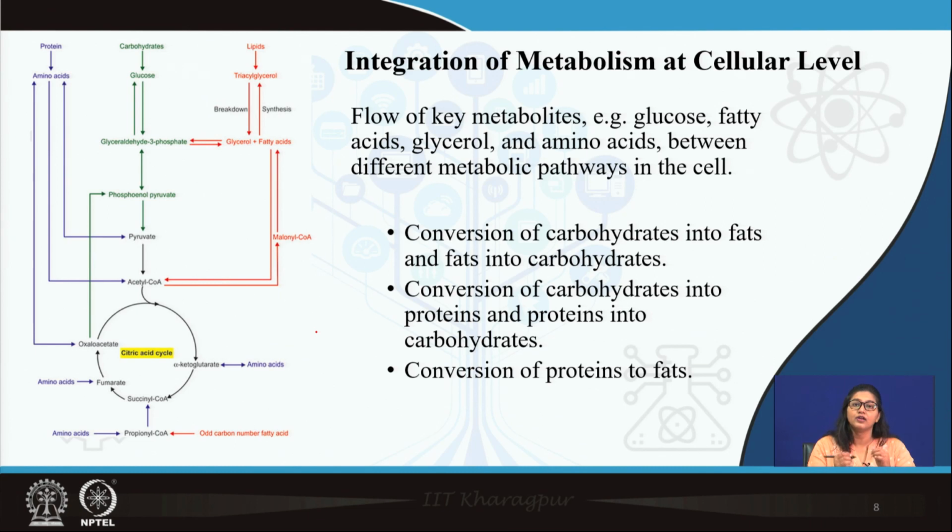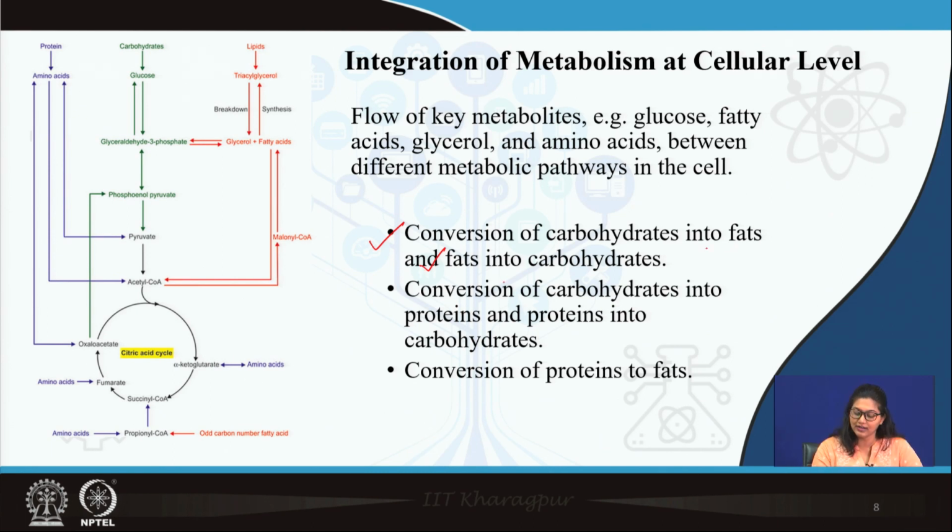So, that is the flow of metabolites from one pathway to another pathway. There can be conversion of carbohydrates into fat, or vice versa, fat can be converted to carbohydrate. Similarly, carbohydrate can be converted to protein and protein can be converted to carbohydrate.